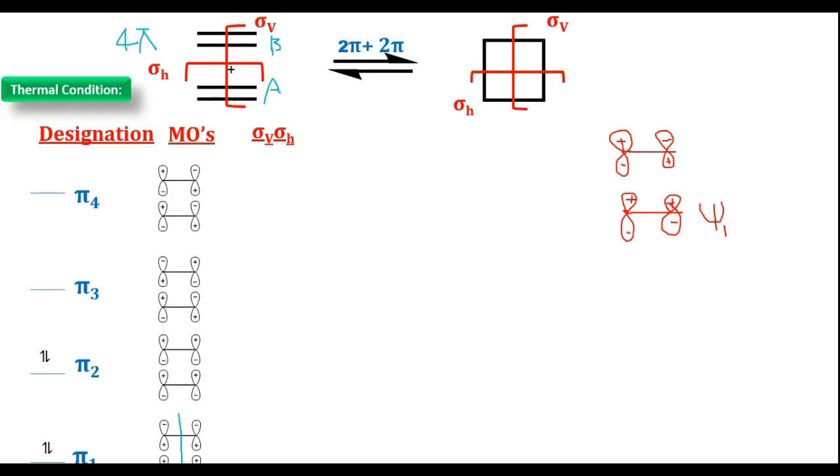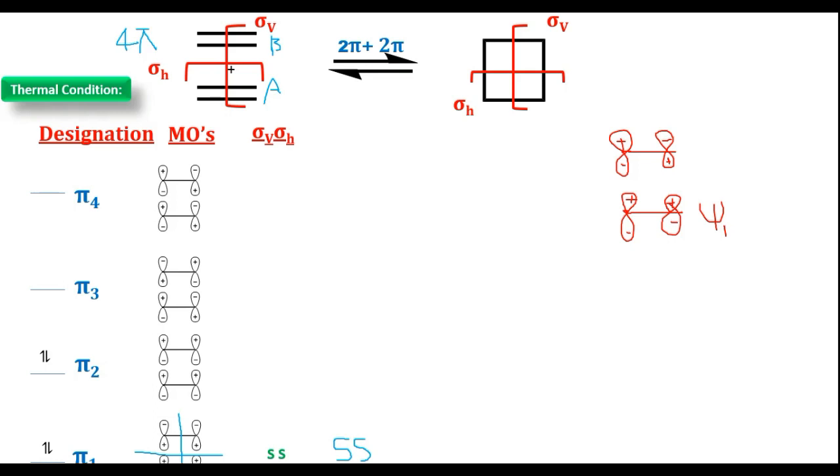So therefore with respect to sigma v, it is symmetrical. And now use the horizontal plane of symmetry. When you cut like this, the top side part is a mirror image of the bottom side part. Therefore with respect to sigma h, it is symmetrical. So the first one is vertically symmetrical and horizontally symmetrical.